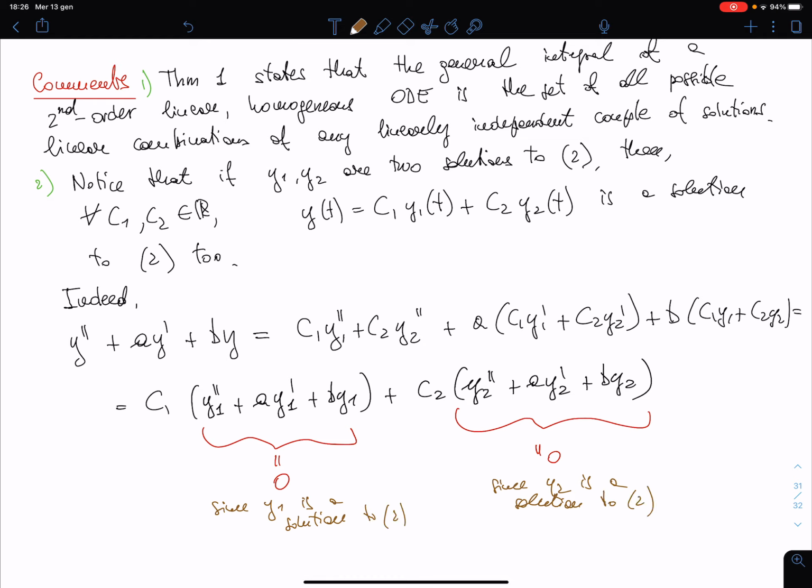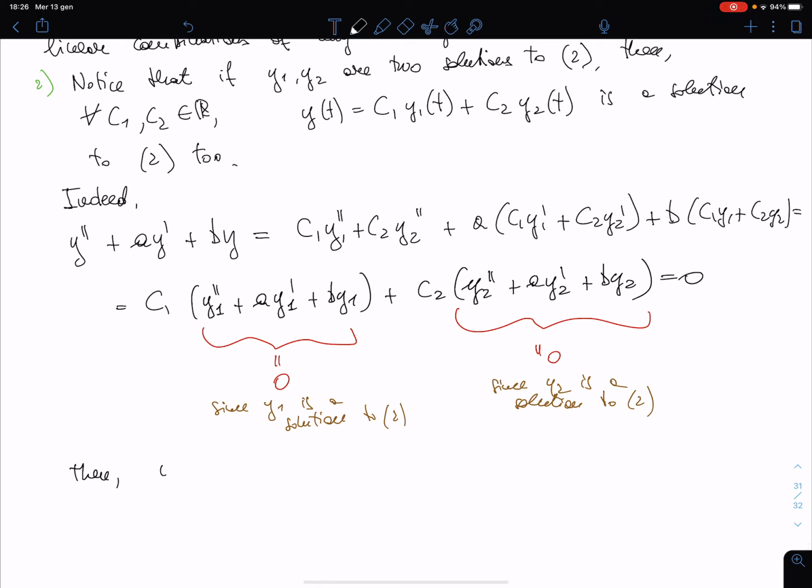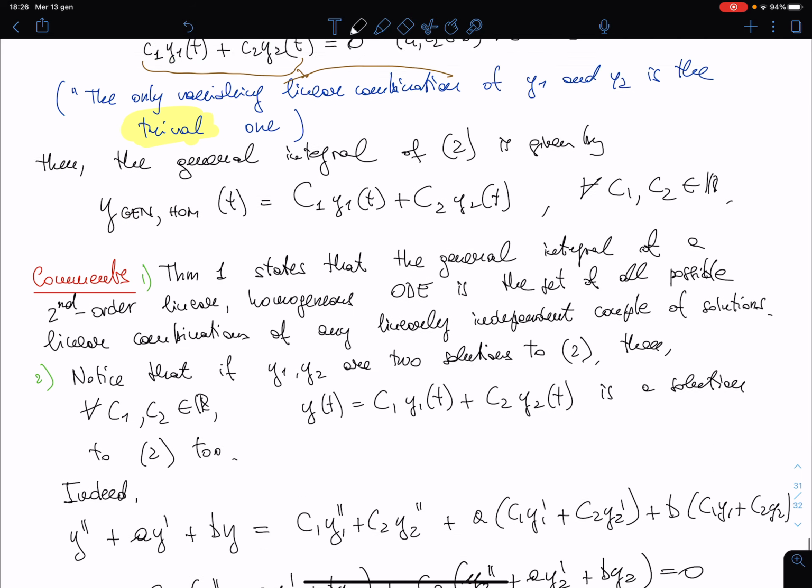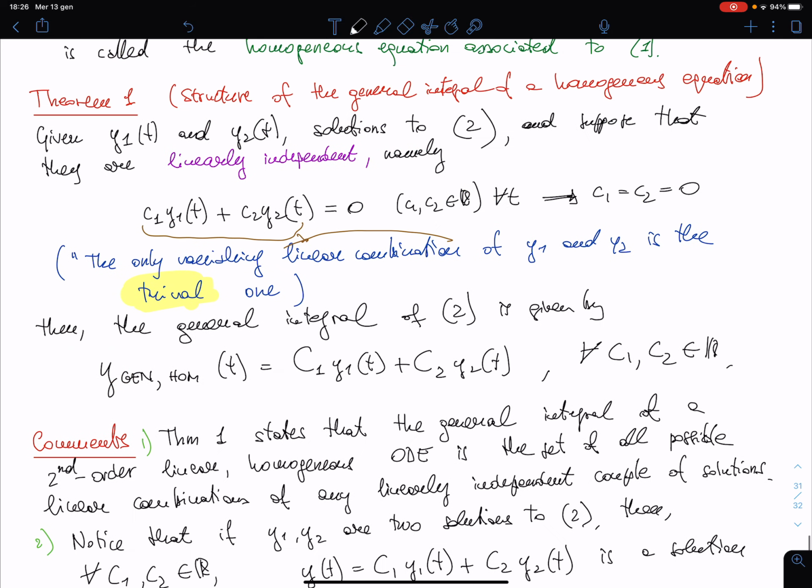So everything at the end amounts to 0, then y is a solution to 2. So here we have a very powerful method to produce infinitely many solutions. You take two functions, provided that they are linearly independent, and then just combine them, and so you have infinitely many solutions.